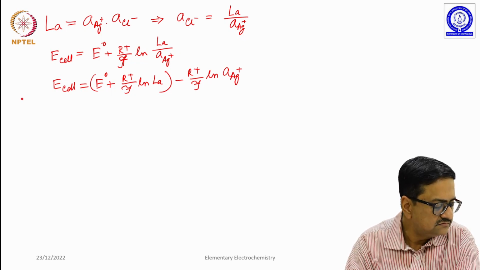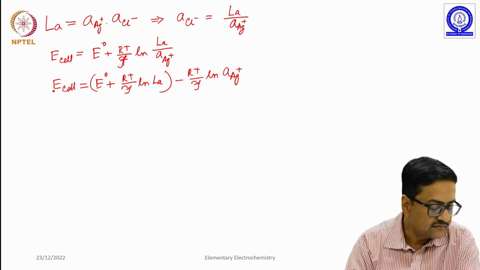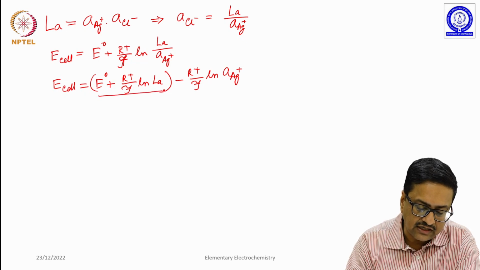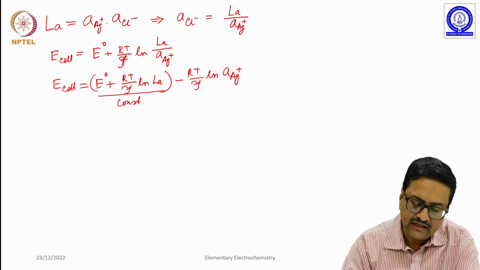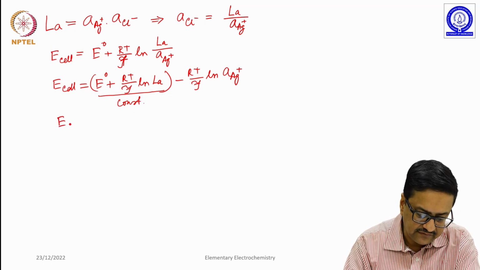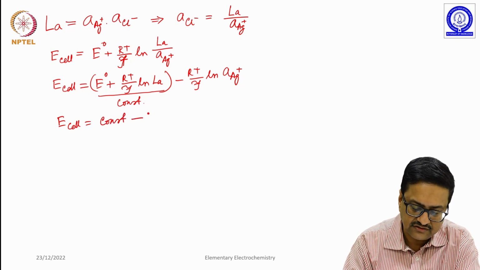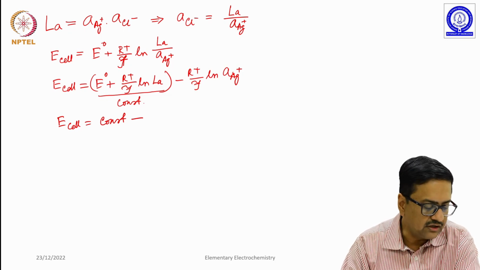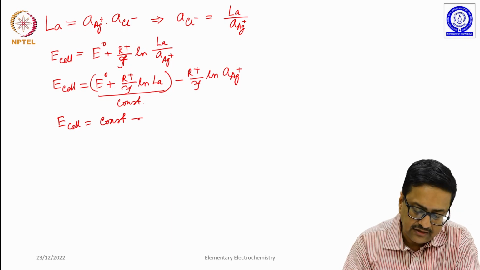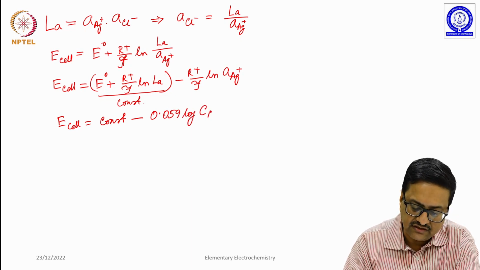So, now this term is now a constant, and one can write again E cell equal to constant minus RT by F ln, which can be converted to log at 25 degrees centigrade, and the value you know is 0.059 log of concentration of Ag plus.